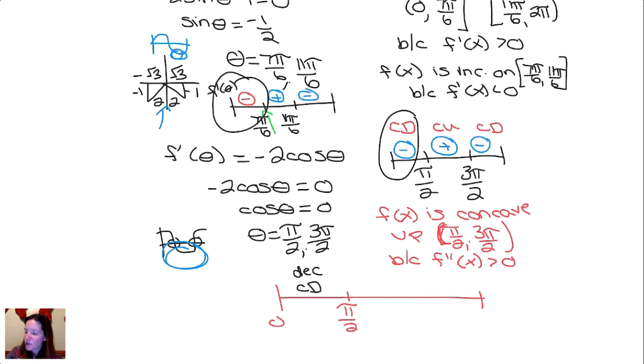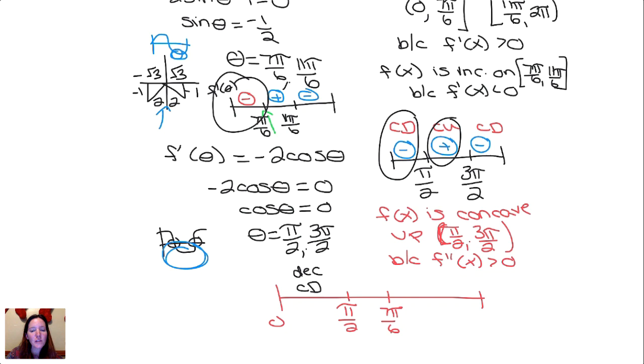Between pi over 2 and 7 pi over 6, we still have negative for the first derivative, right? So it's still decreasing. But now we're concave up, right? Because we're after pi over 2.